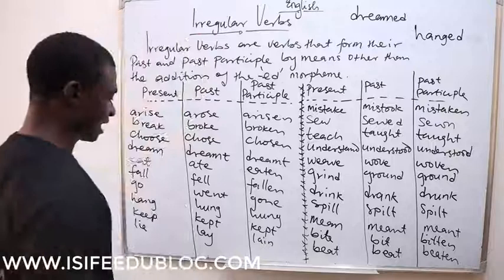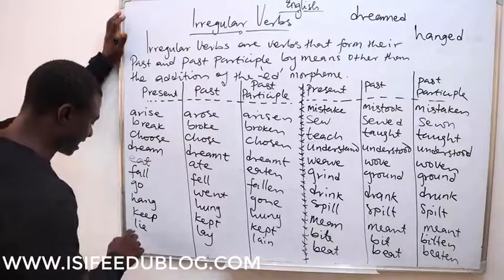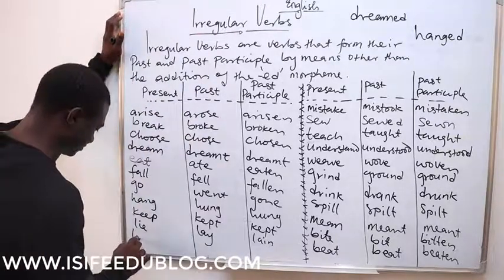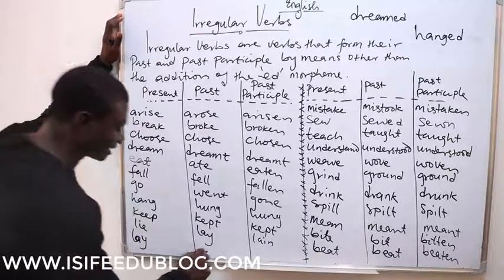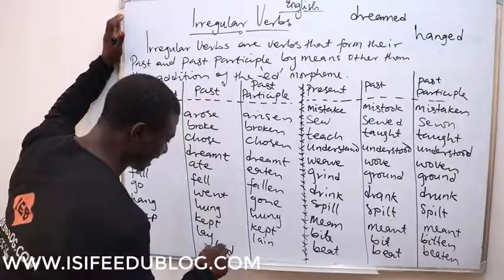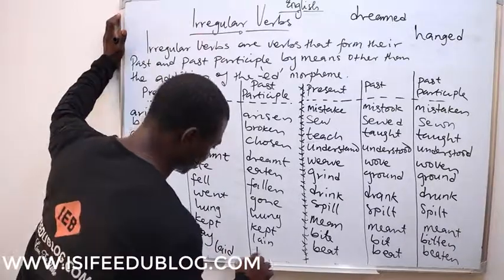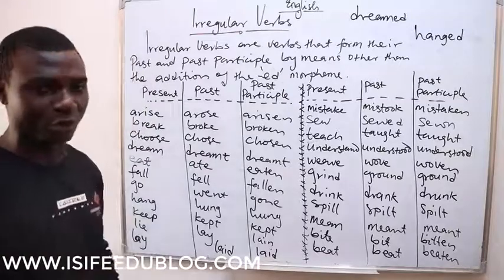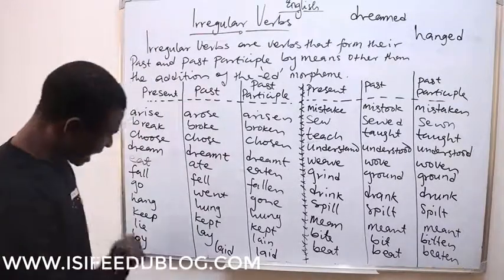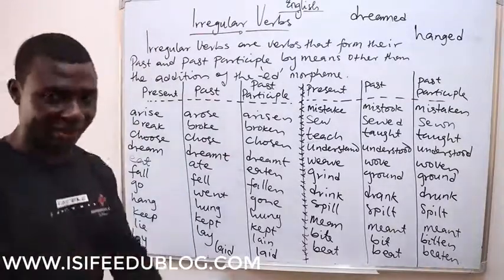But may I also inform you that there is another word, lay, L-A-Y. The past tense is L-A-I-D. The past participle is L-A-I-D. This one means to put somebody or something else down. Lie, to put yourself down.